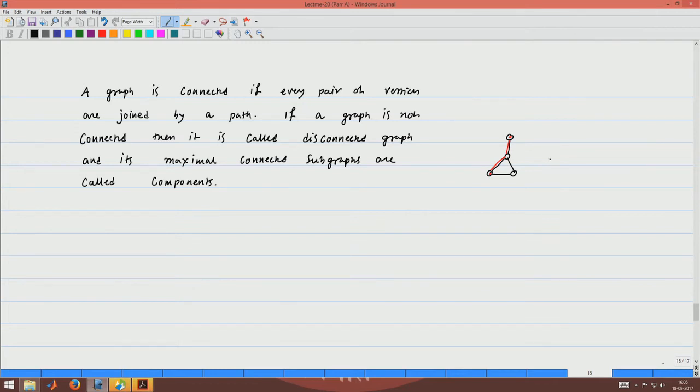And this is true for any pair of vertices. Now, if I add another edge or two vertices here, and this is my graph G now, you can see that there is no path from this vertex to this vertex. So, this graph is a disconnected graph. Okay. So, G is disconnected and it has two components.